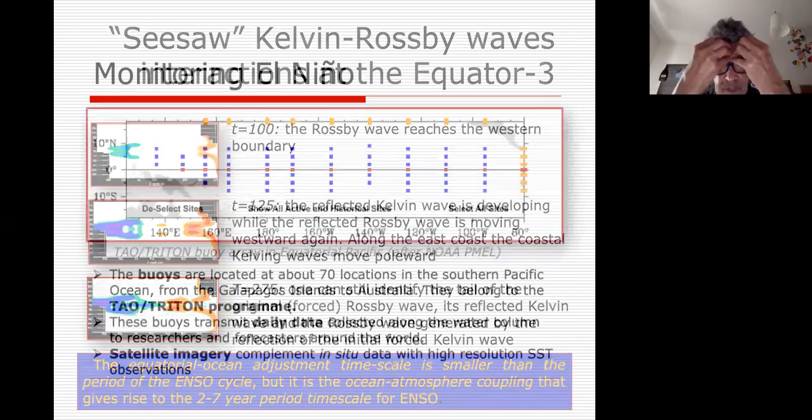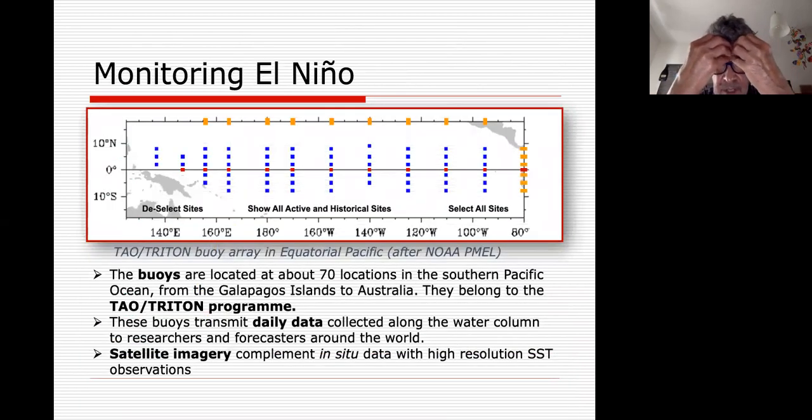These are models. We are learning a bit about the very essence of the physics behind El Niño, La Niña. But to improve both the theoretical and numerical advancement in studying this crucial phenomenon for science and for society, we do need more data.